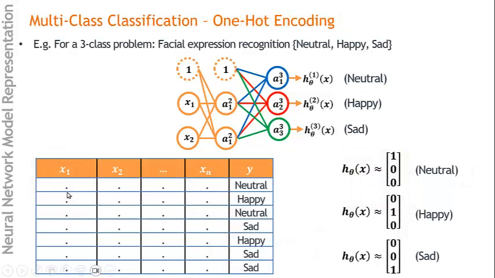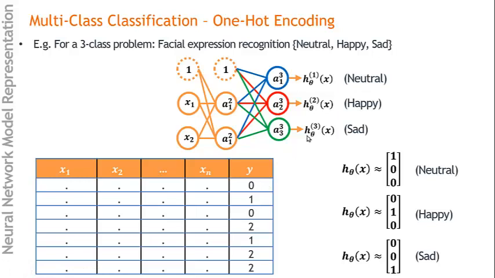Each one of these rows represents one instance, one data instance. In this picture we only show 2 inputs. Now you could have n inputs. And we're classifying between 3 classes of faces: neutral, happy, sad. So suppose the first instance was a neutral, second instance was happy, third instance was neutral, etc. So we can call those classes 0, 1, and 2.